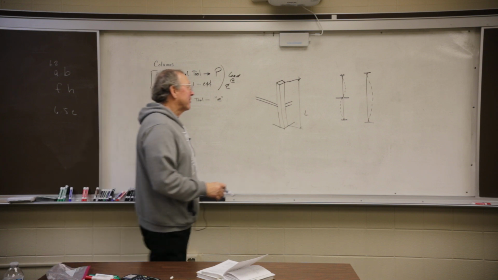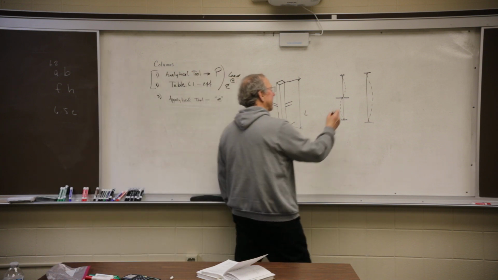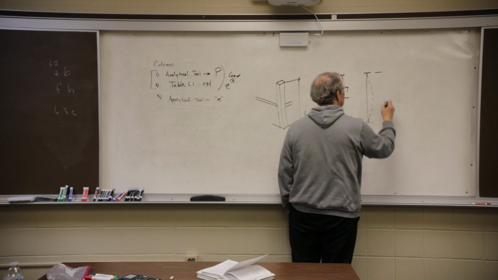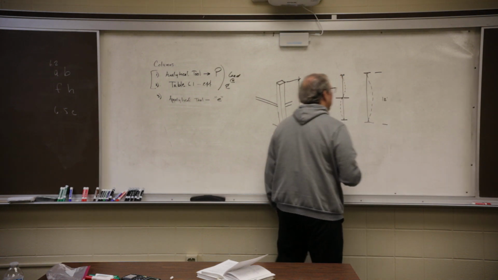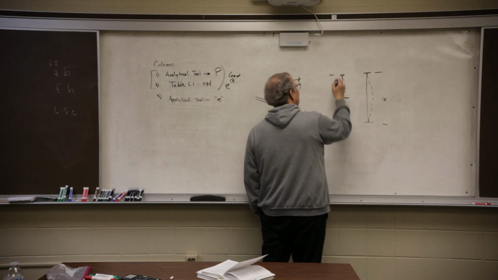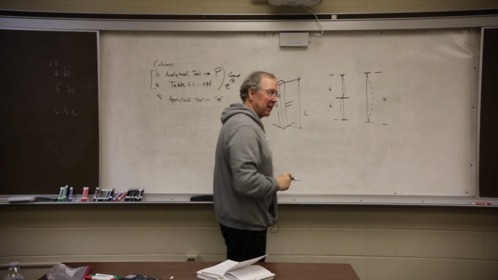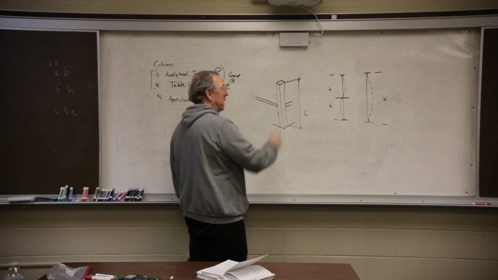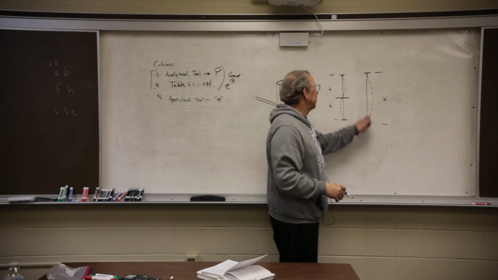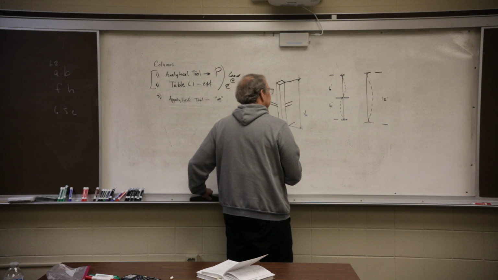Unbraced length. If this happened to be a 12-foot long member and I put a brace in the middle, the unbraced length of that is 6 feet. Without the brace, the unbraced length is from top to bottom, 12 feet. What if I did this?